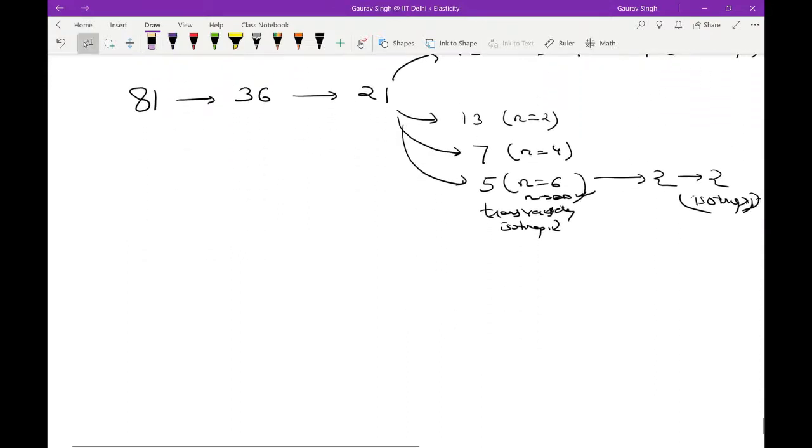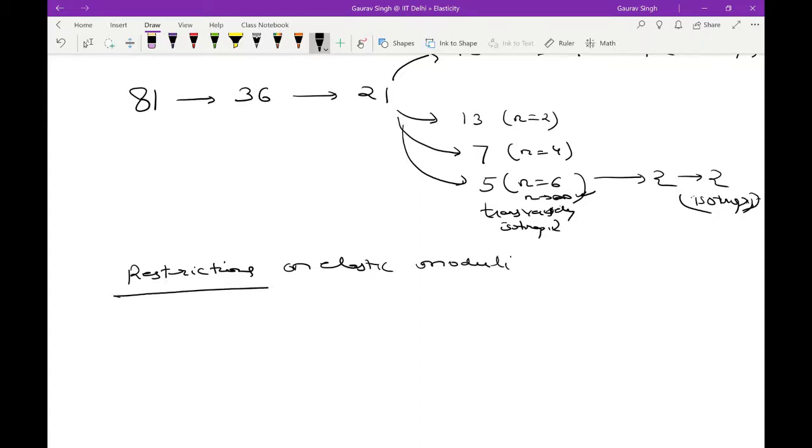One of the last topics which we would want to deal with, at least just simply by mentioning it, is again the restrictions on the elastic moduli. We had already learned about these restrictions in an isotropic case, but since we are in this anisotropic domain, we should also see how this happens.